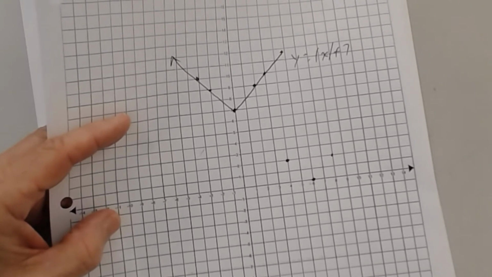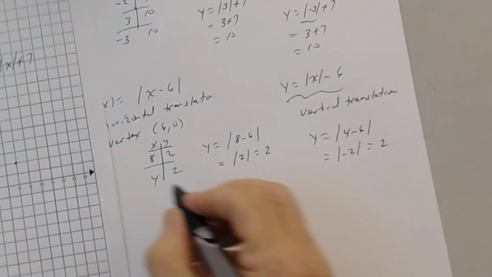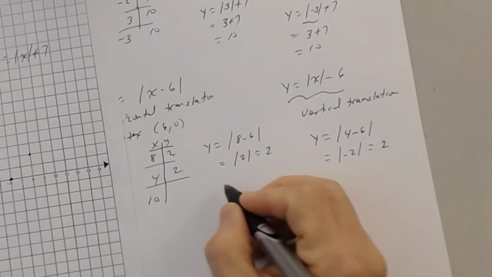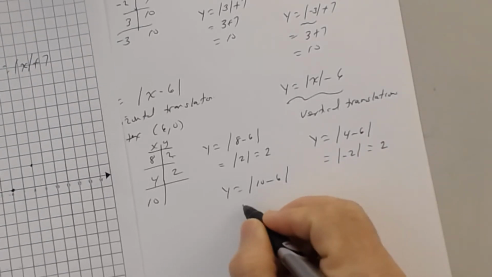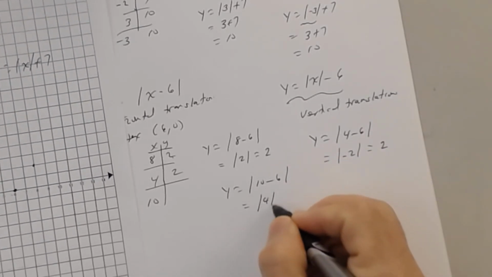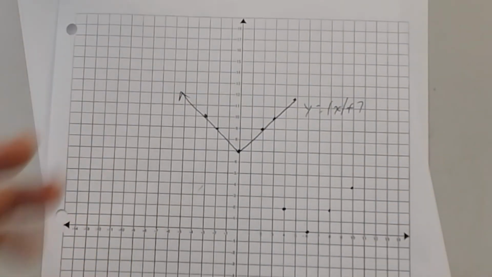Now give me one more value to the right of the vertex. 10? All right, if x is 10, I get y equals the absolute value of 10 subtract 6. What's 10 subtract 6? So what's the absolute value of 4? 4. So I get 10, 4. Use the idea of symmetry. It helps.